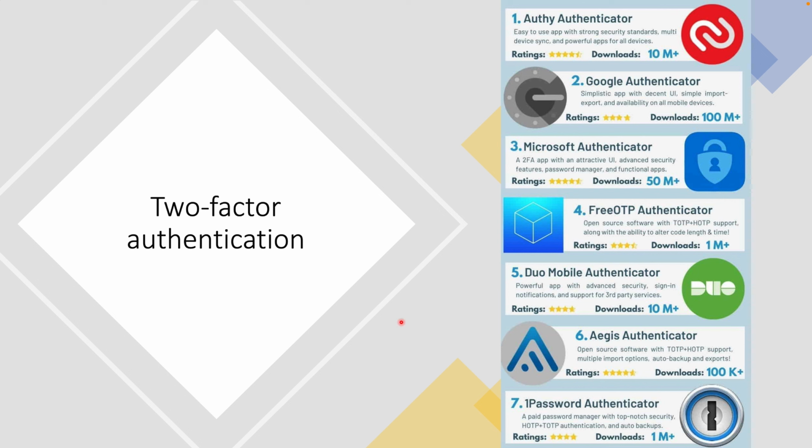Let's check some more examples. Then it's clear. The most common application we can see now in real life used as a control plane is two-factor authentication apps. So here are some popular two-factor authentication apps. How do these apps work?